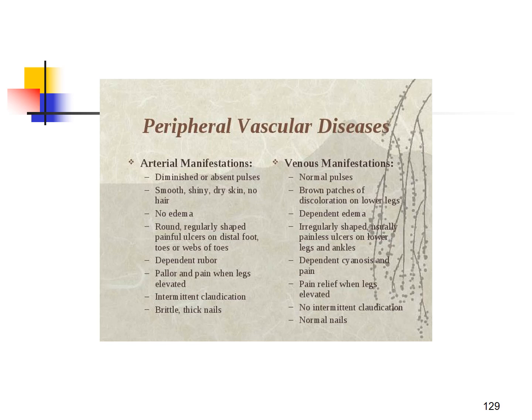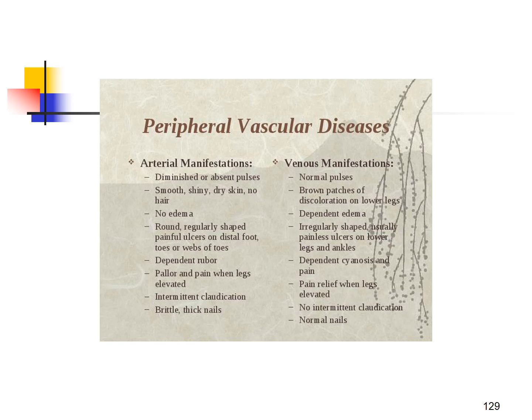Artery skin will be smooth, shiny, and dry, with no hair. Whereas with the vein, brown patches, discoloration of the lower legs. There's no edema for artery, but it's dependent edema for vein, because remember, the vein is supposed to take the fluid back to the heart.